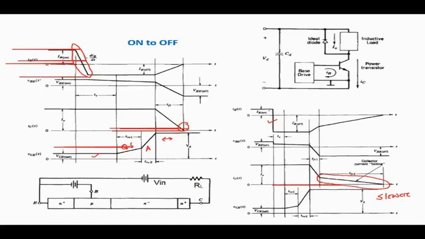But if you allow your base drive current to quickly go to negative, it cannot take out the charge remaining in the drift region swiftly. There will still remain some charge carriers in the drift region. So you have to entirely depend on recombination for those charge carriers to get eliminated or removed. Recombination generally is a slow process, so it takes a lot of time to entirely remove them. So you have a high tailing current in the BJT when you have an abrupt change of gate current. Typically this is the case, and this is the reason that if you want very high switching frequency, BJT is not very preferred.